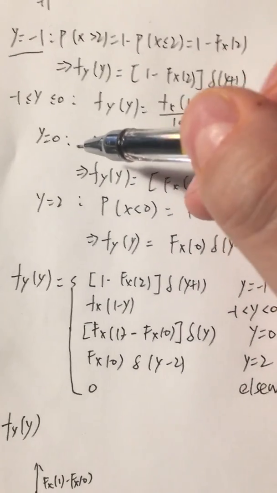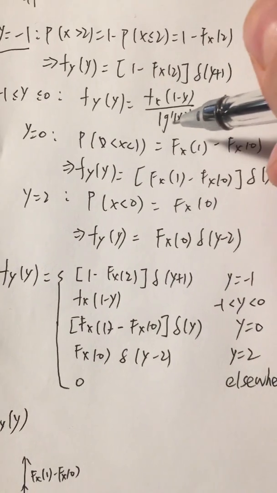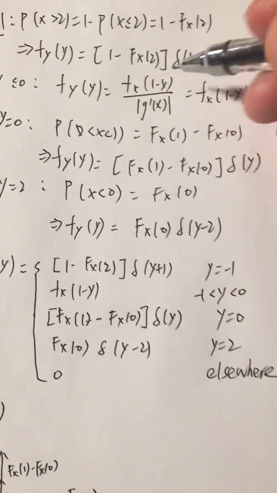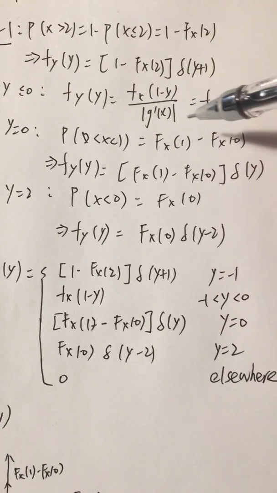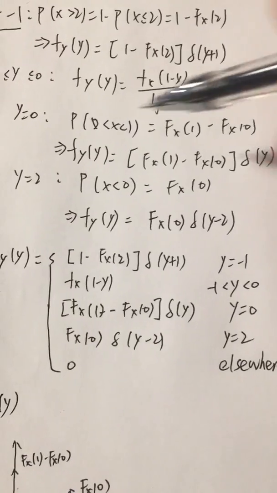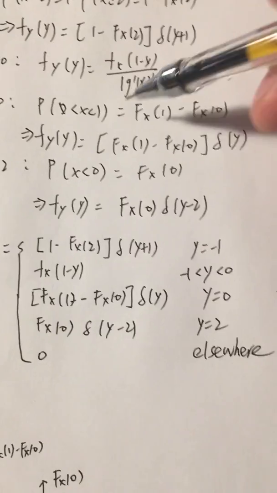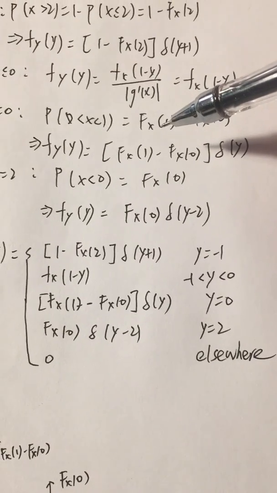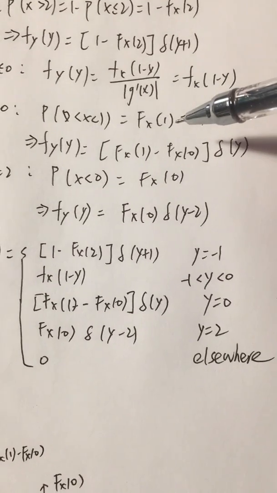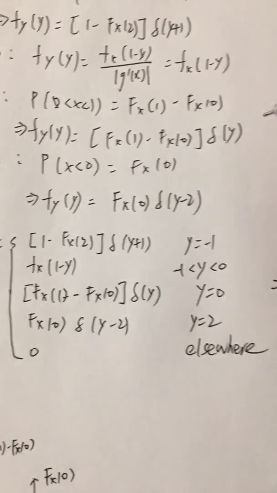And when y equals 0, which means x is between 0 and 1, the probability of this is capital Fx(1) minus capital Fx(0), which means fY(y) equals capital Fx(1) minus capital Fx(0) times delta(y).